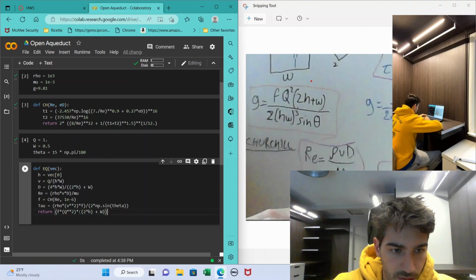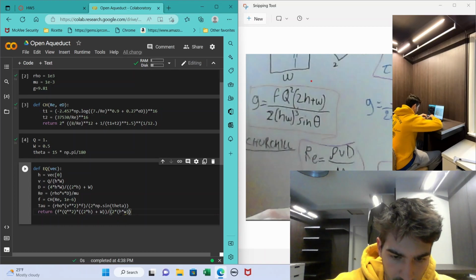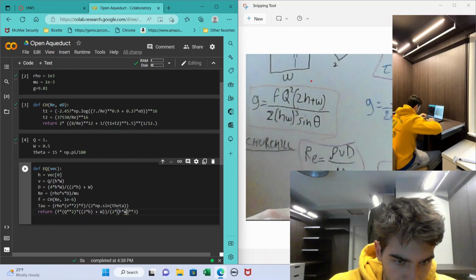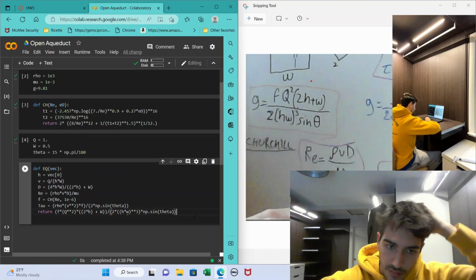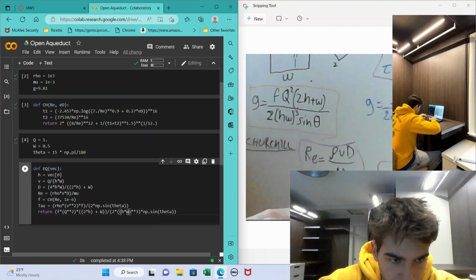It's Q squared multiplied by 2H plus W. That should look good. And that whole thing divided by 2 times we have HW cubed, so HW cubed, then multiplied by rho g sine of theta again. All right, so this should be good.